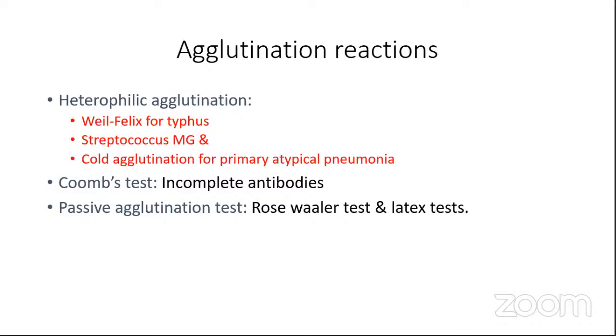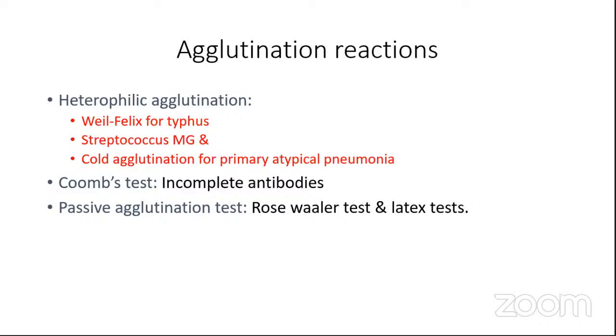The same way, Streptococcus MG and the cold agglutination test, which is done for primary atypical pneumonia, which is mainly caused by Mycoplasma pneumoniae. Then you have the Coombs test. Coombs test is a main test which mainly detects incomplete antibodies. A classical example of incomplete antibodies is the Rh antibodies, which occur in erythroblastosis fetalis, which occurs when the mother is Rh negative and the father is Rh positive and the fetus is Rh positive.